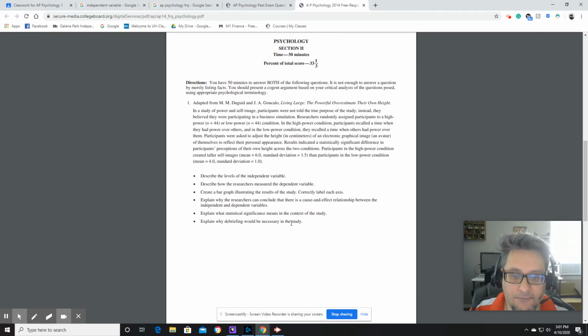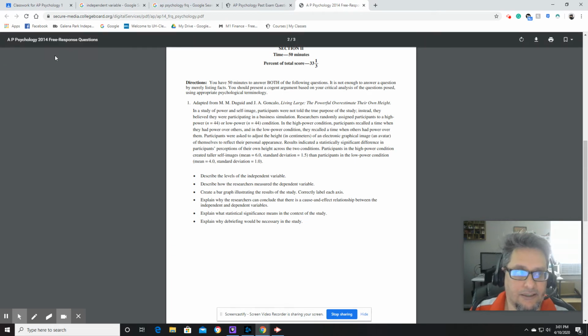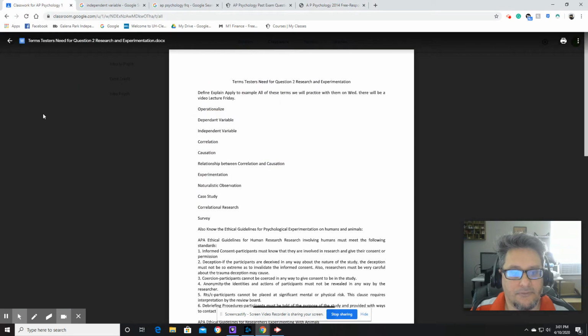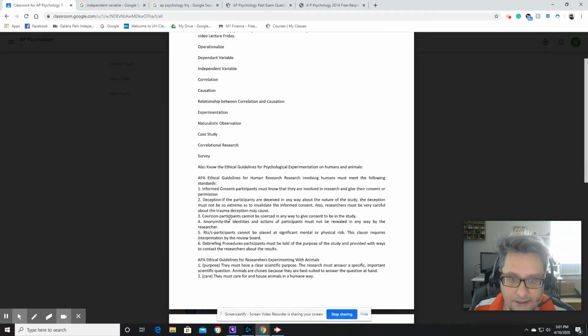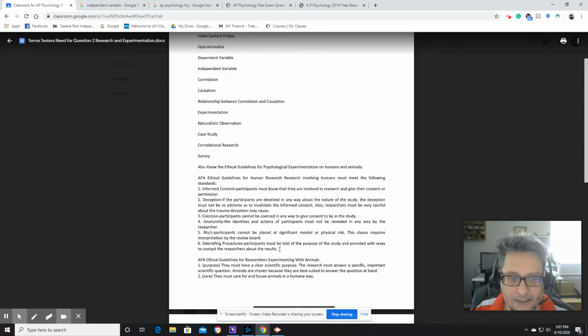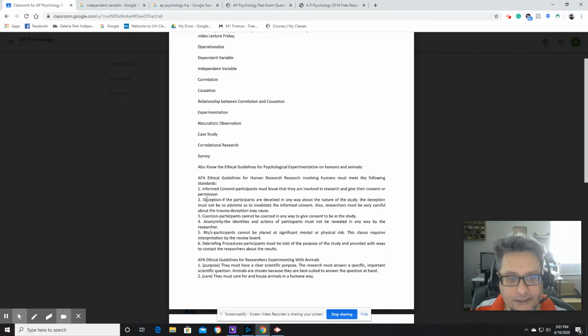So explain why debriefing would be necessary in the study. Why would we need to debrief these people? Well, back to the sheet, right? Ethical guidelines. So, debrief procedures. Participants must be told the purpose of the study and provided with ways to contact the researcher about the results. So, there was a deception.